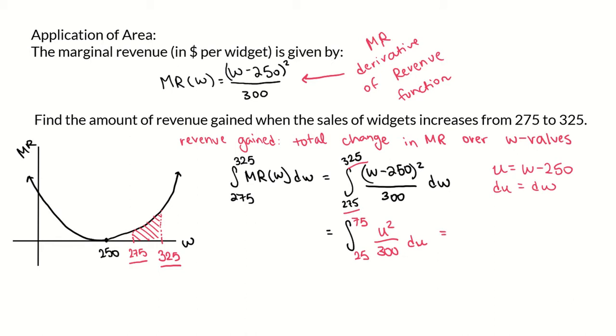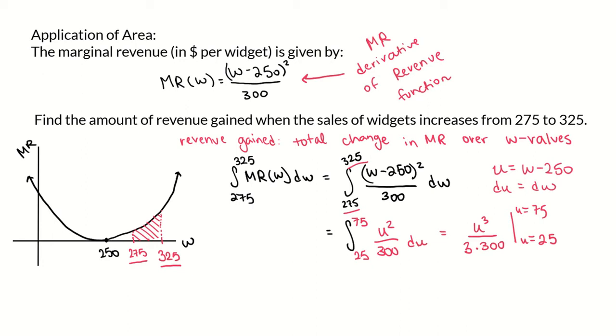Okay, and then this integrated will give us U to the third over 3, with that 300 still in the denominator, evaluated from 75 to 25.